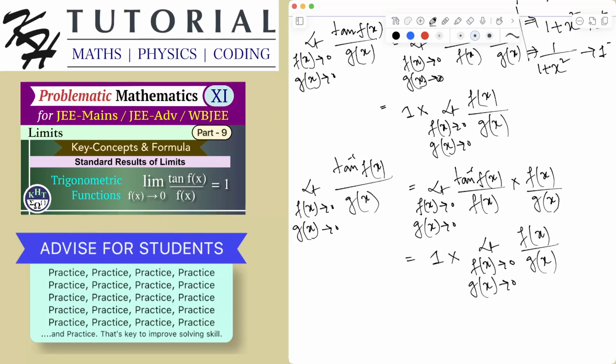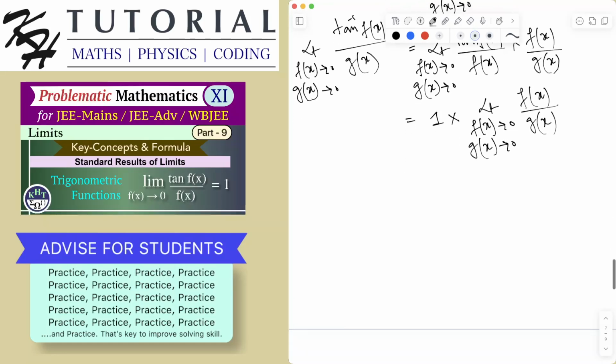Now again, you might be given a problem. Let's say the limit x tending to 0 of tan x to the power m divided by x to the power n. So again this is similar to the limiting value of sin x to the power m divided by x to the power n when x tending to 0, which I discussed in the previous video. You can watch that previous video.